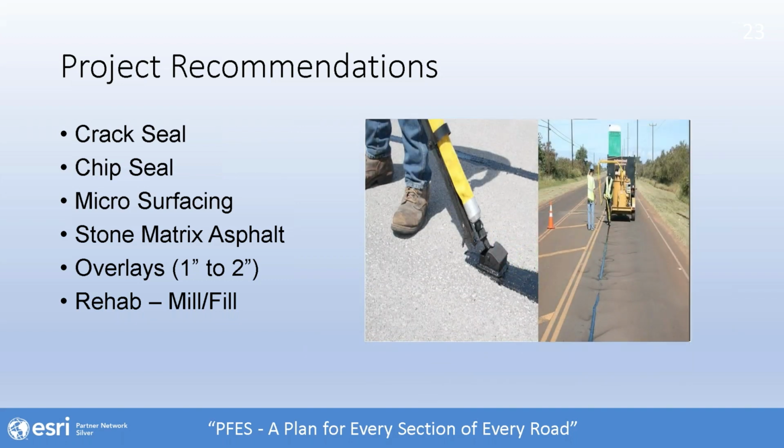The model will recommend, if the cracking is just beginning, do a crack seal. If the cracking becomes severe, like a 60, it will stop recommending crack seal because there's just too many cracks to seal. But the other part that I wanted to stress is the reset.